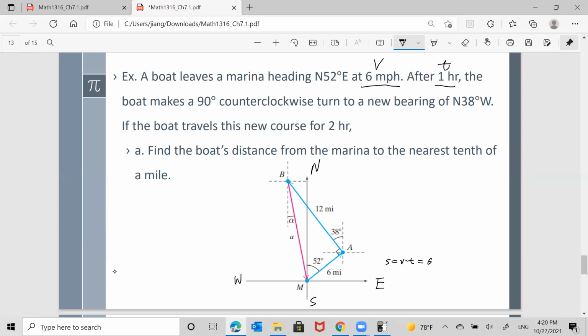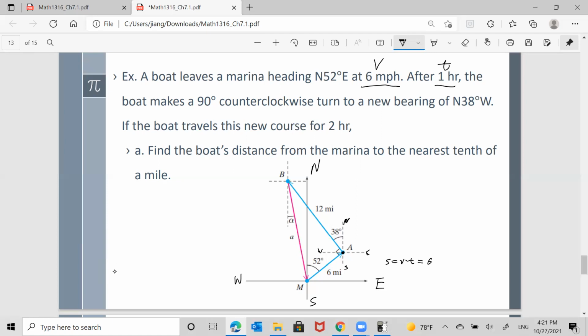That means here becomes the new origin. So I can draw a line. This is west, this is east, this is south, this is north. Anyway, the new bearing is north 38 west.